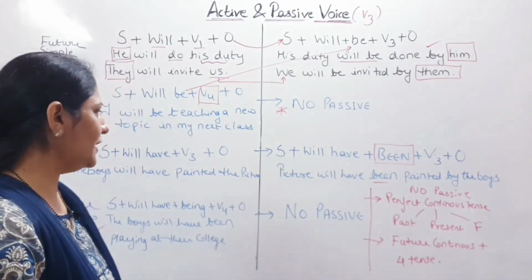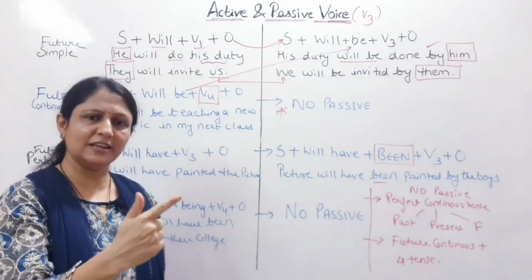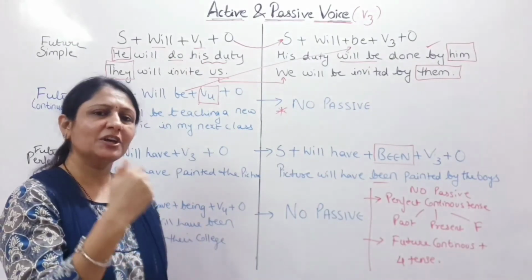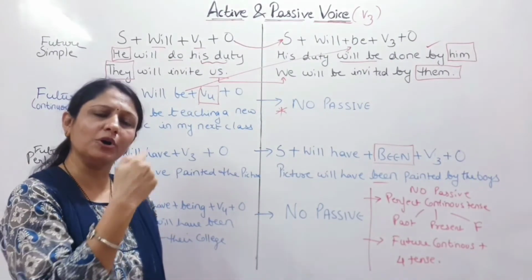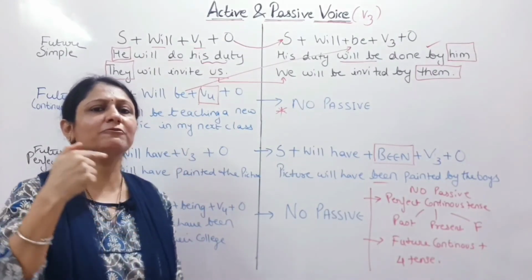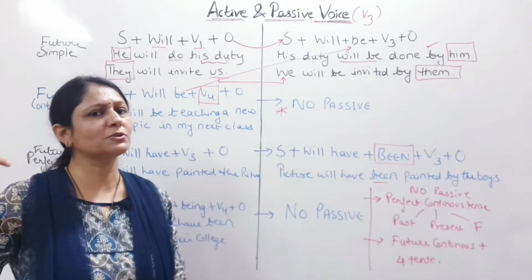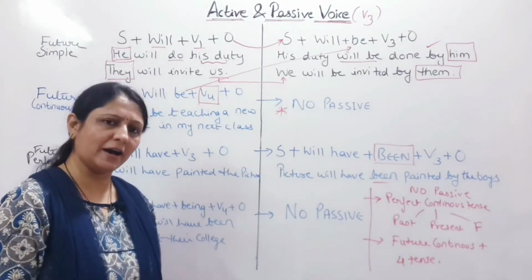So to recap, I guess you all are clear. Let me take: I teach English. English is taught by me. I am teaching English. English is being taught by me. I have taught English. English have been, sorry, it was singular. English has been taught by me. Perfect continuous, no sentence. Coming to the past.